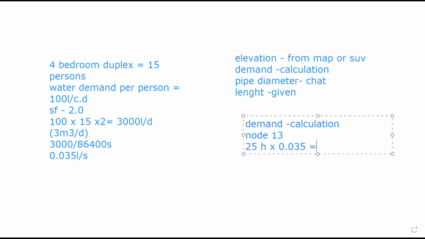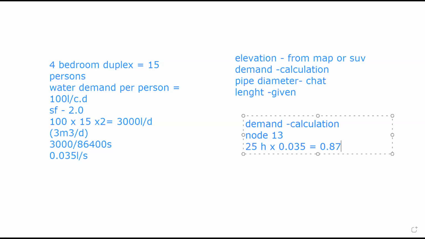So that is 25 times 0.035. It's giving me 0.87. So 25 houses need a flow of 0.87 flowing through the node every second to satisfy their water demand of 3,000 liters per day. So this is the one for node 13.